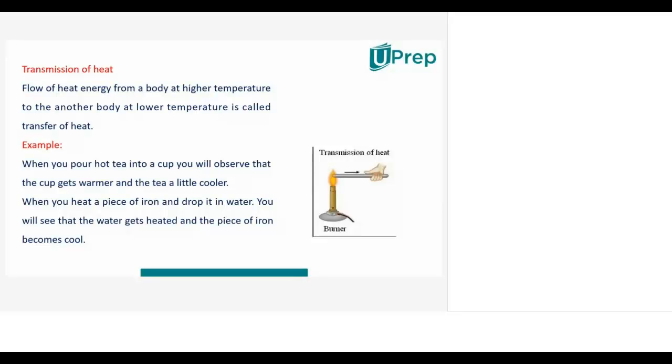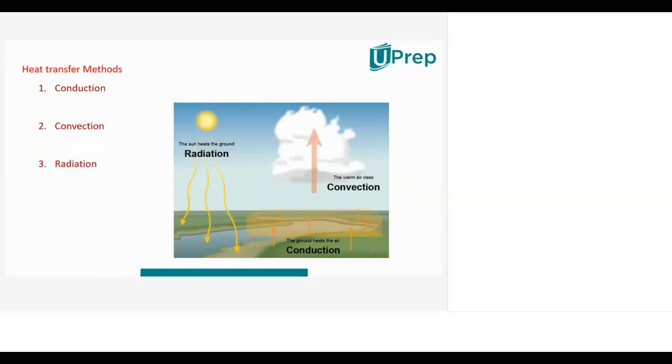One more example is also given. When you heat a piece of iron and drop it in water, you will see that the water gets heated and the piece of iron becomes cool. Heat energy is transferred from that hot iron piece to the water.